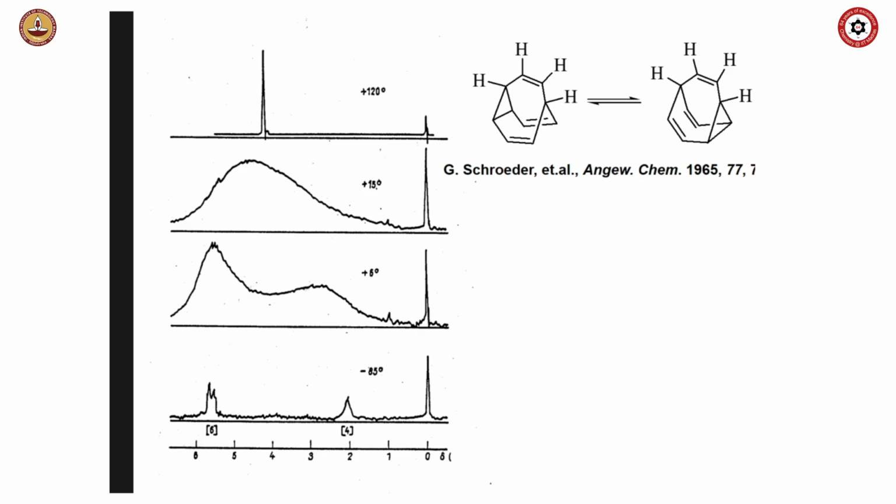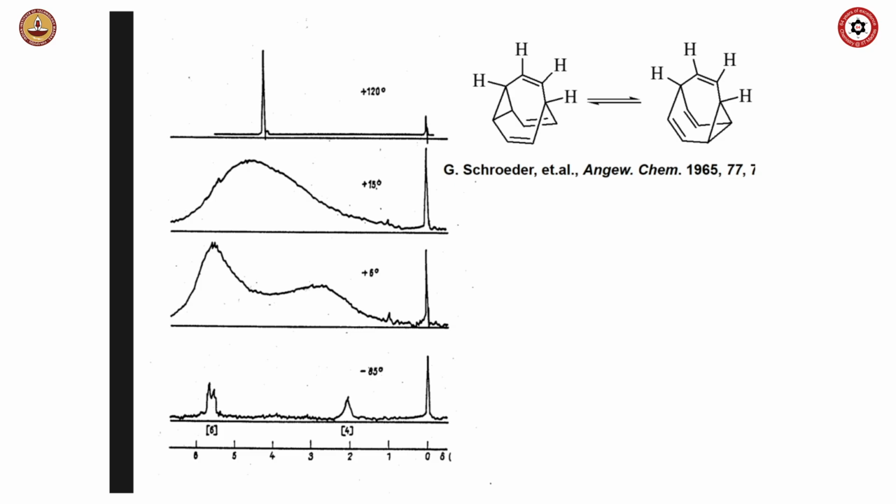At minus 85, the 6 vinylic hydrogens are seen here separately, and the cyclopropyl hydrogen and the methine hydrogen come as an unresolved multiplet here around 2 ppm or so. And this is TMS. TMS is tetramethylsilane.